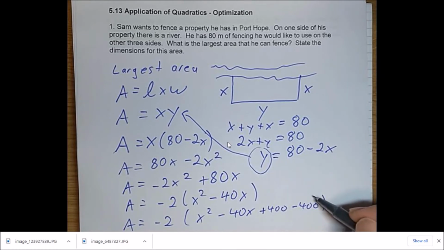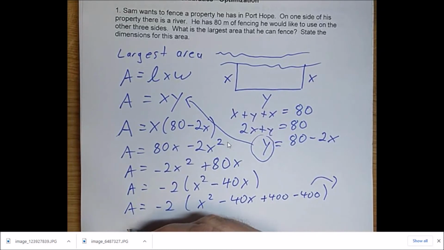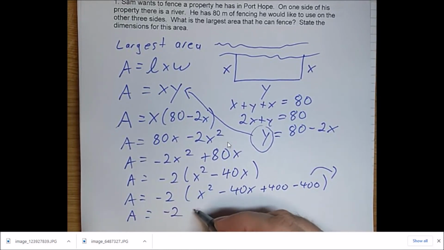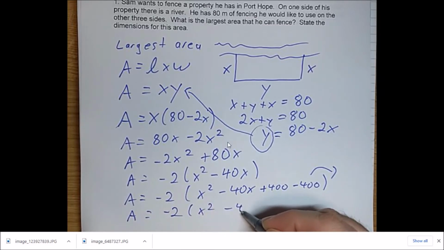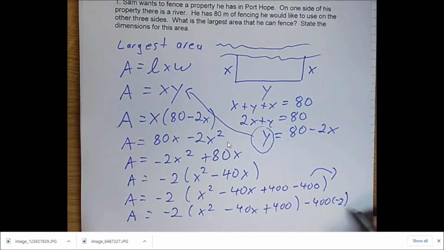Now, we're going to take the negative one out. So the negative comes out, and you have to multiply by the 2 in the front. So we close the bracket, so we get minus 400 times negative 2.